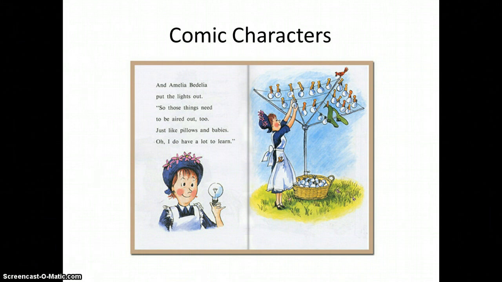You have to be able to read something and understand that the character is being funny. Amelia Bedelia is a perfect kind of little kid example. She's told to put the lights out, of course meaning to turn them off. But Amelia Bedelia gets everything all screwed up, and so she hangs the lights out like you would the laundry.